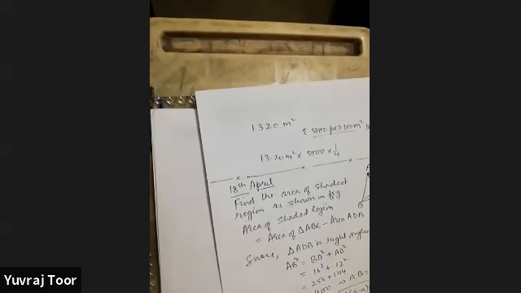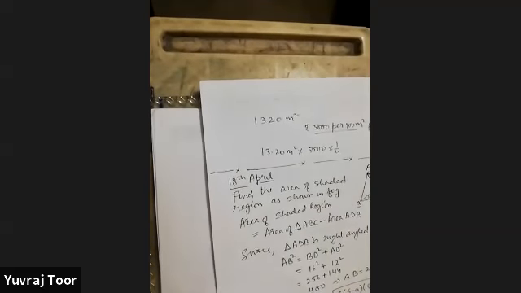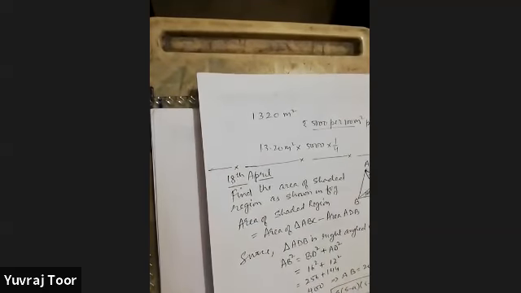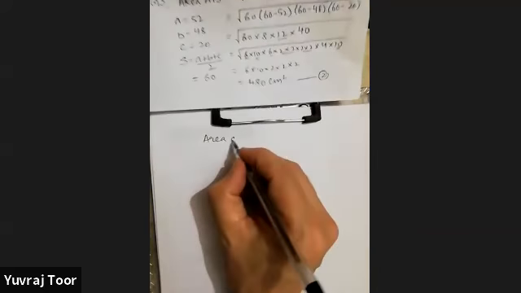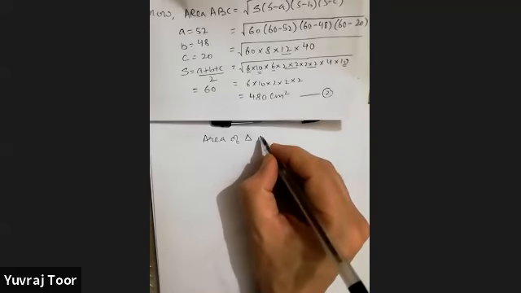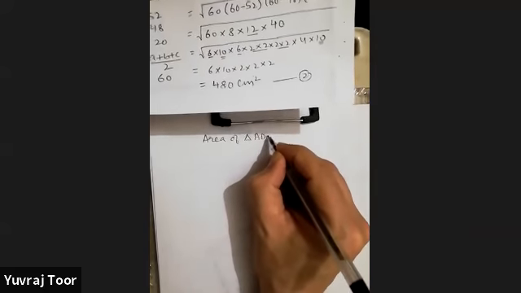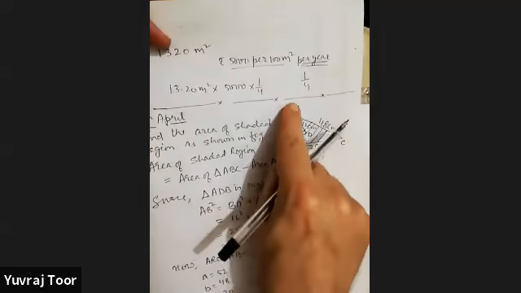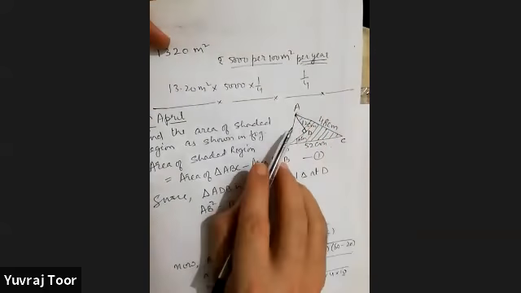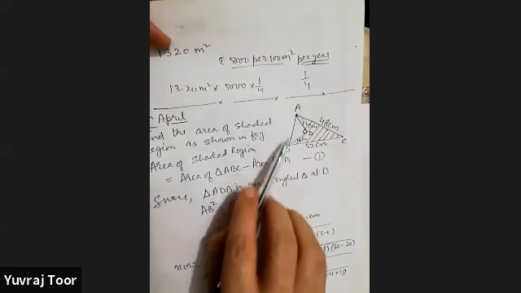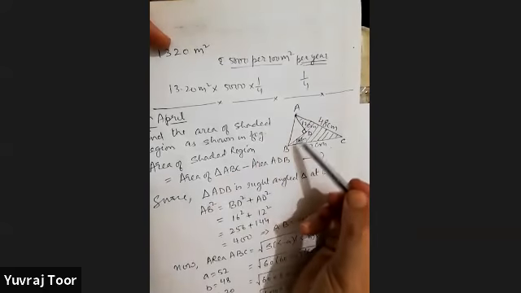Area of triangle ADB. What is that? ADB. So we need not go for Heron's for this, because it is perpendicular and this is base.